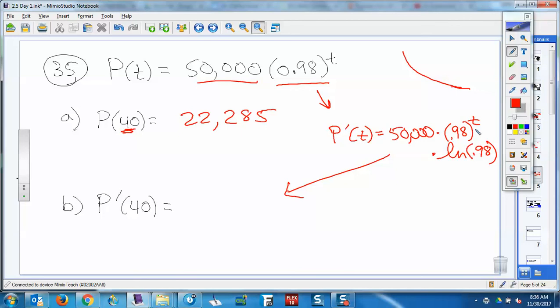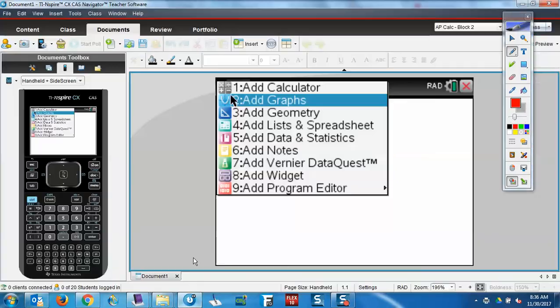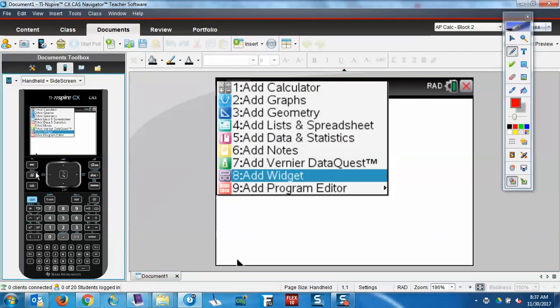So this would be a type of question I could ask on the quiz. Just pretty simple. Give you the equation, ask you a little bit about it, where you just have to plug some things in and use your calculator, but you've got to be able to do this derivative. Now, in this case, you get to use your calculator.